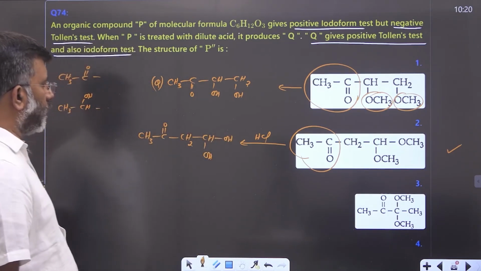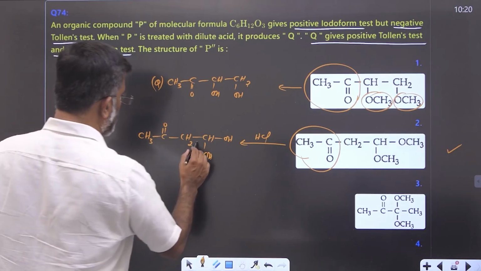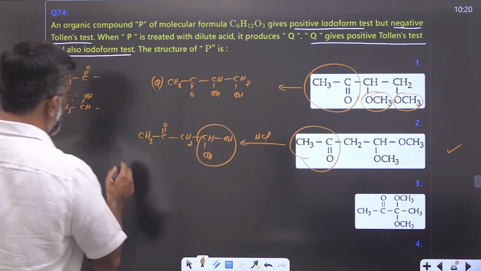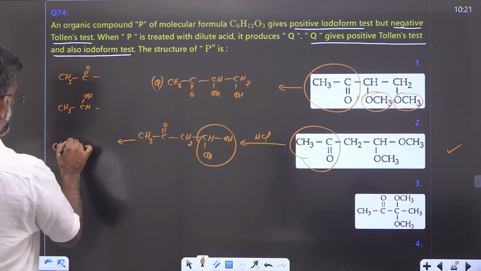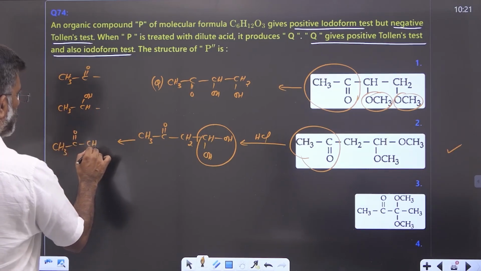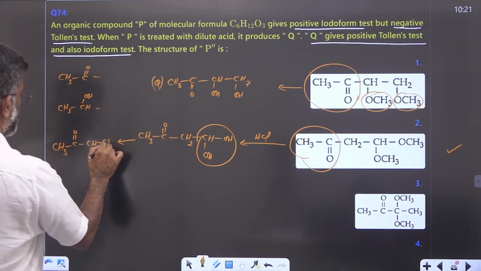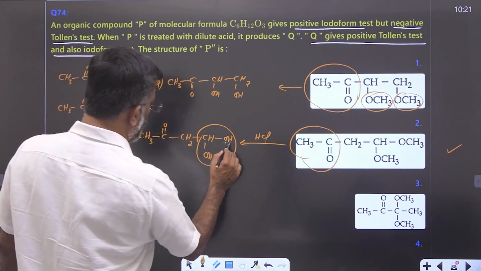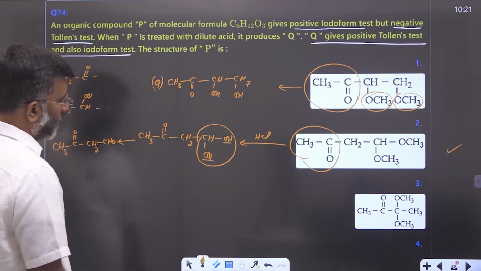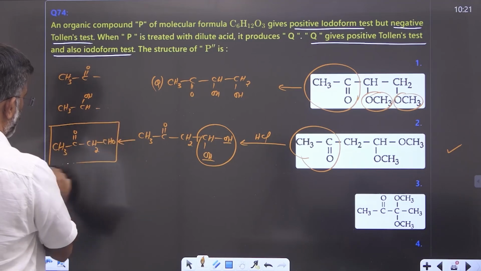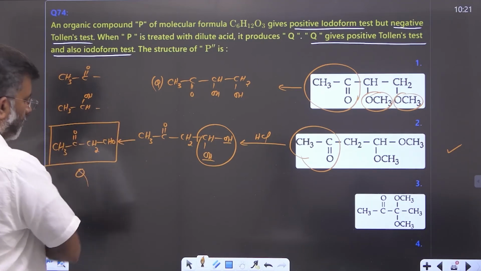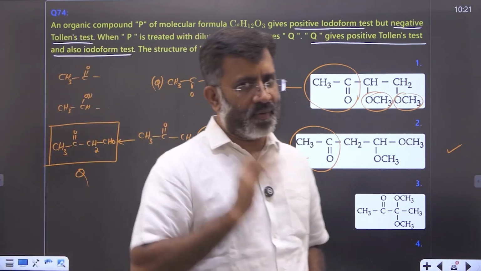This is what you are going to get. And I am sure all of you remember, this will be easily converted to an aldehyde, because gem diols are unstable, and it will undergo removal of one water molecule. H2O will be out. You get an aldehyde.